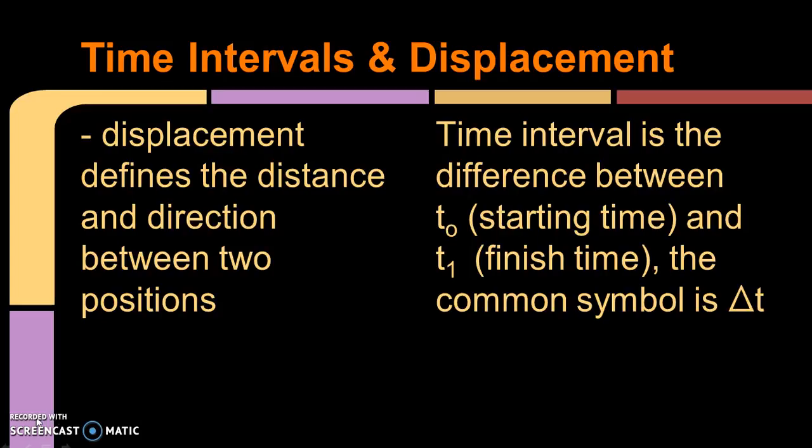Time interval is the difference between the starting time and the finishing time, and is commonly depicted by the symbol delta t, the triangle referred to as delta, or change, showing a change in time. We must incorporate into our inquiry time as it relates to change. This is our challenge, and it goes beyond many of the applications of mathematics that we have seen up to this point in our academic work.